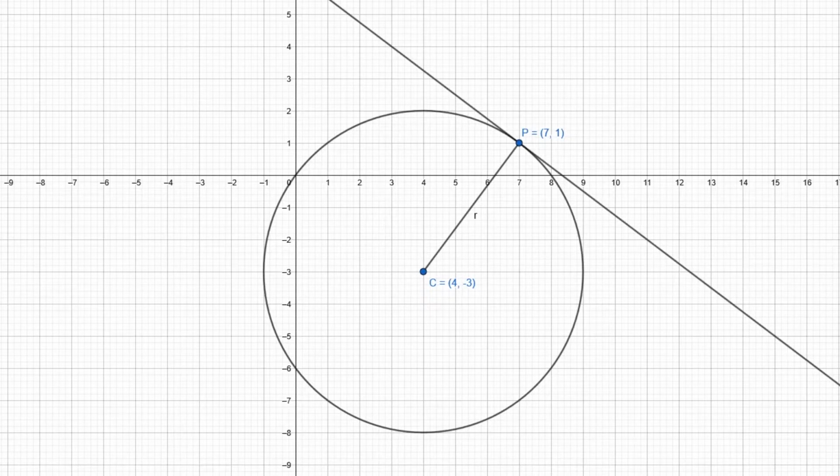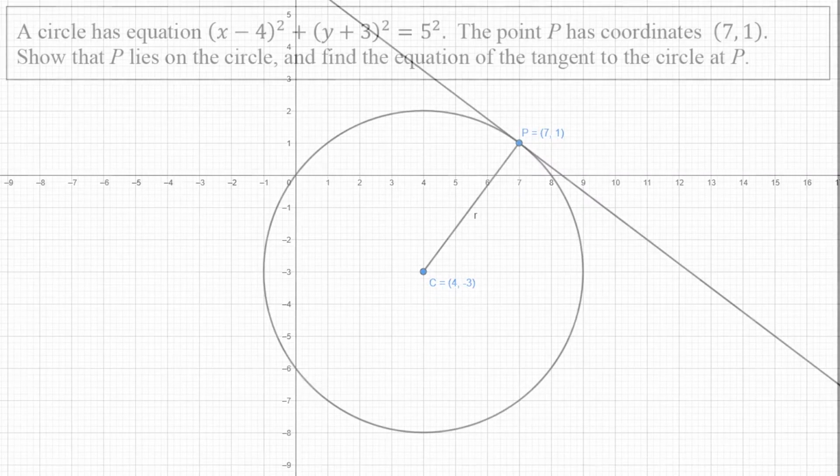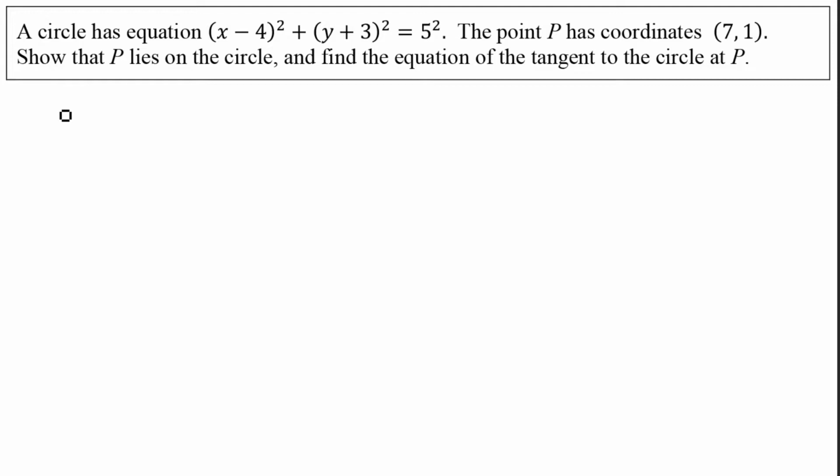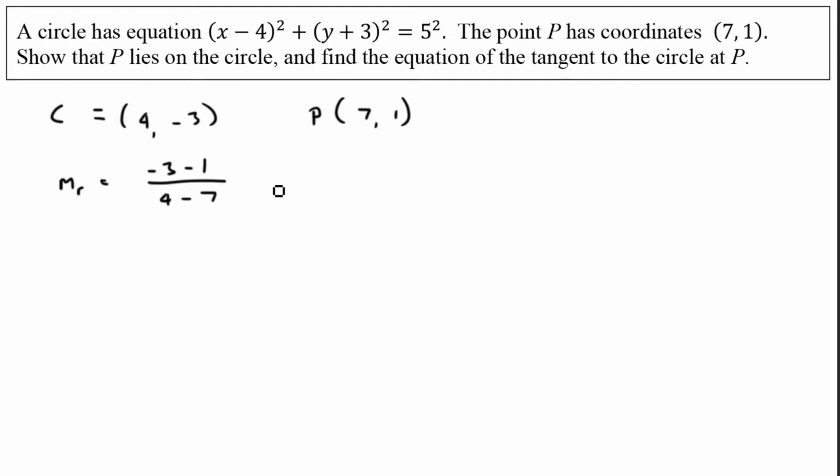Now, using the idea that the tangent is perpendicular to the radius, we can get a gradient for the tangent by working out the gradient of the radius. So if this radius joins the points C with coordinates (4, -3), and P with coordinates (7, 1), then the gradient of the radius is the difference in the y-coordinates, -3 - 1, divided by the difference in the x-coordinates, 4 - 7.